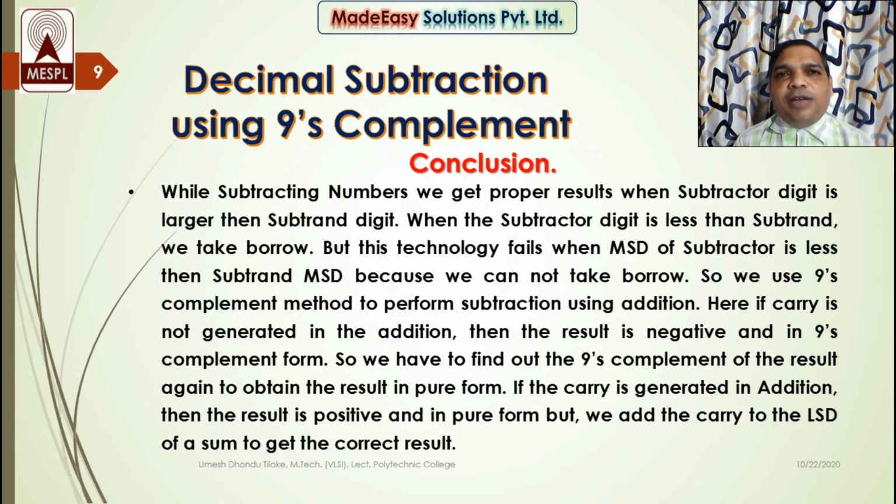If the carry is 1, it indicates that the result is positive and in its pure form, but we have to add the carry into the LSD of the sum we got in step 3. The speciality of this technique is that we can get the difference by the addition process, and even if we are performing subtraction for obtaining the 9's complement, we need not take borrows. That means borrow is completely eliminated in this technique. So it is a preferred technique.